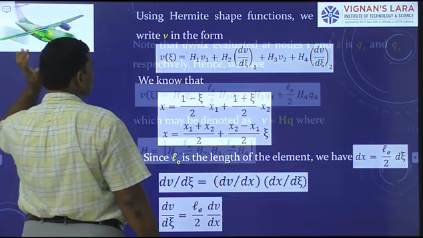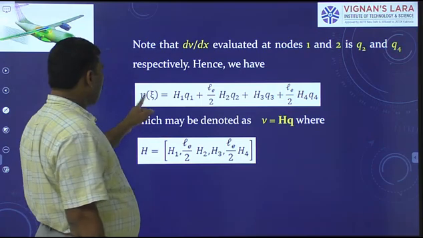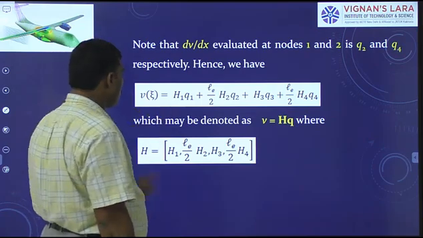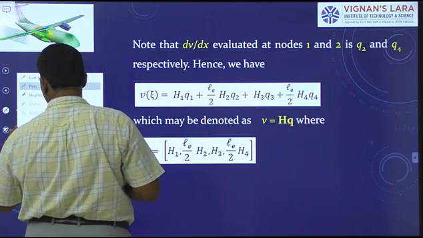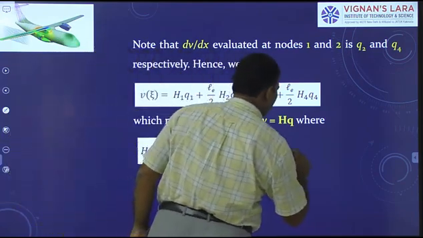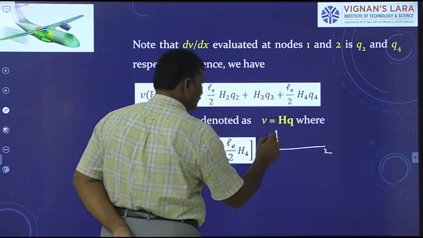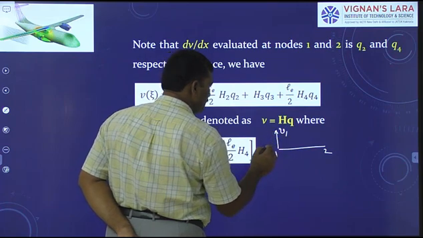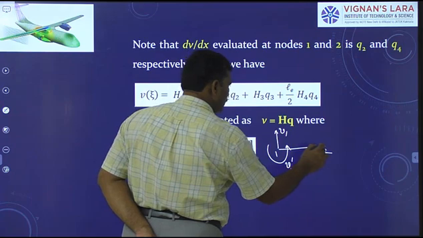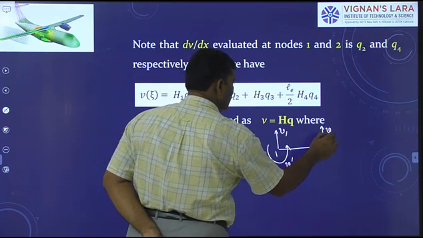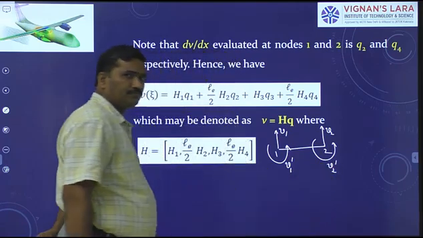Now, V of ξ equals H1 into v1 plus H2 into v1 dash and so on. I told you, if you consider a beam element with two nodes, 1 and 2, at node 1, v1 is the beam deflection, and at the same node, v1 dash is the slope. Now, v2 is the beam deflection, and at the same node, v2 dash is the slope.